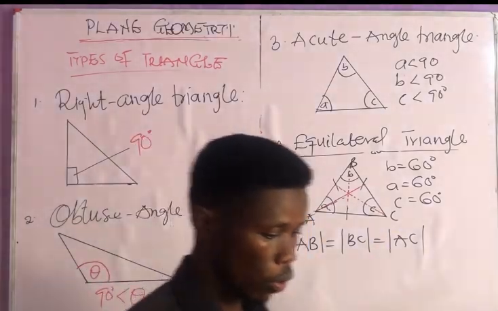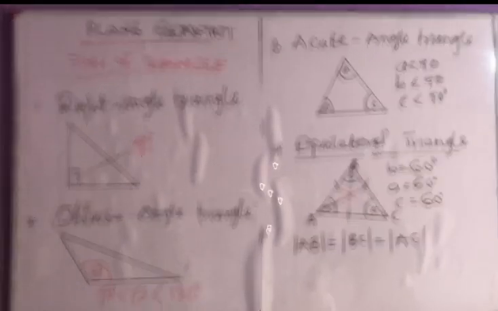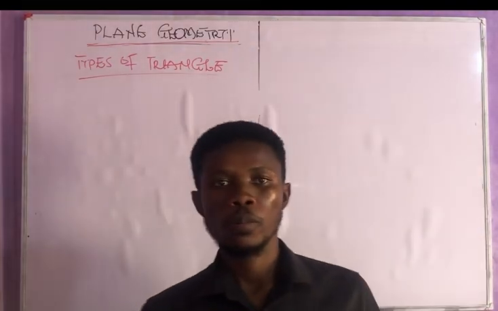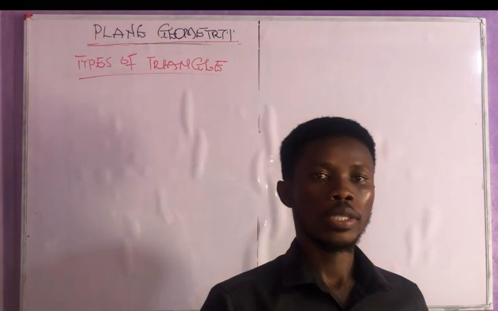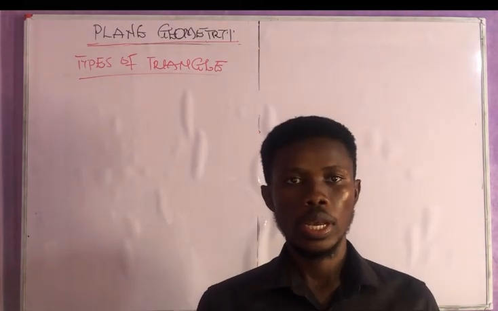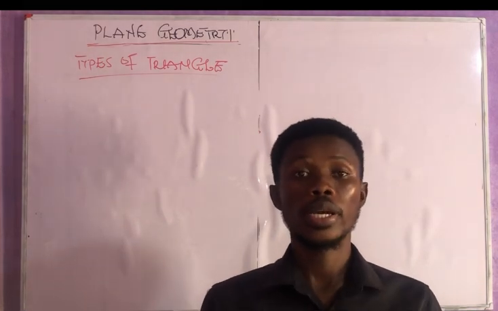Now let's look at another one. So we have set out the equilateral triangle, where we mention all the 3 sides being equal, and the angles too are 60 degrees, having 3 lines of symmetry. What if only 2 sides are equal?